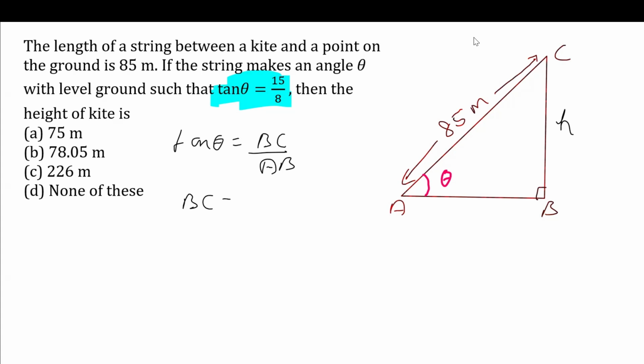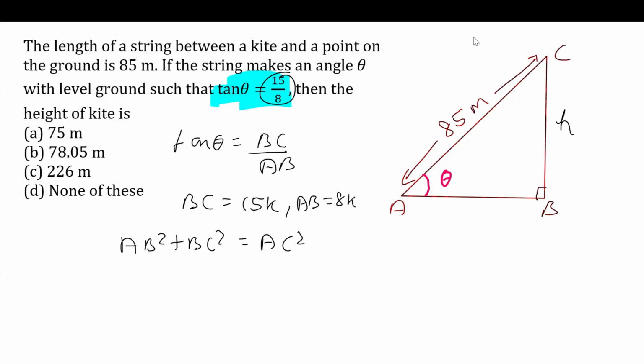Comparing these two, we can say that BC is 15 times K, and AB is 8 times K. Now applying the Pythagoras theorem, AB square plus BC square equals AC square.